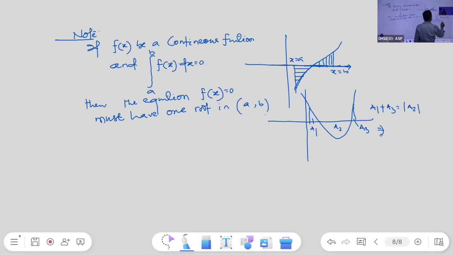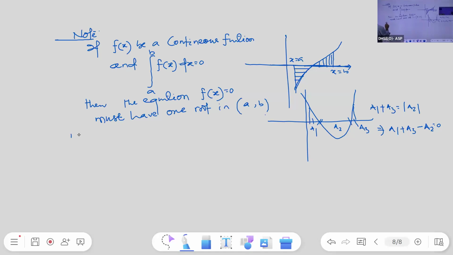This implies A1 plus A3 minus A2 is equal to 0. Now look at the graph. There are two roots between a and b of the equation f of x is equal to 0. Right? Is it clear? Write in the chat box.